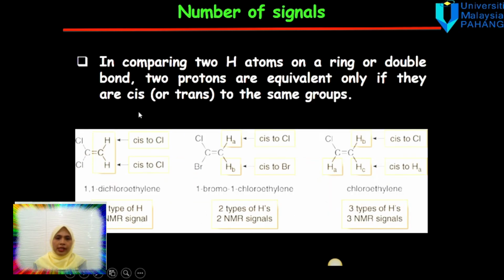When it comes to the C=C double bond, we have to understand that if it is symmetrical, they have the same signal. If unsymmetrical with different functional groups like this, they have 2 different signals. And if like this, with one functional group, they are not symmetrical anymore, so they have 3 different signals.